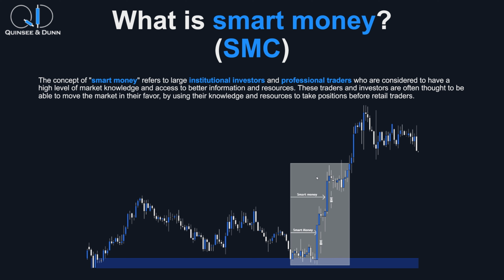So as you can see, it's pretty clear where the institutions have stepped in, because all these little candles here, they're just made up of all us retail traders basically trading based on what we know. And this is those institutions stepping in, taking out these sellers here basically and driving the market up in their direction.